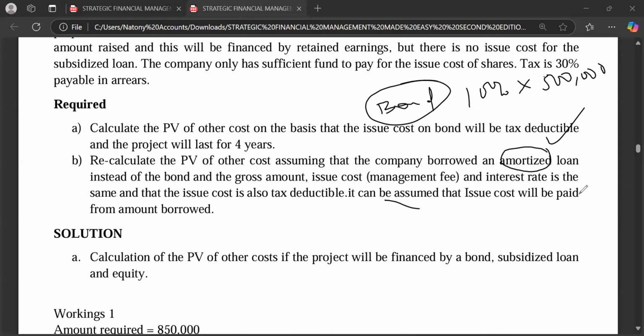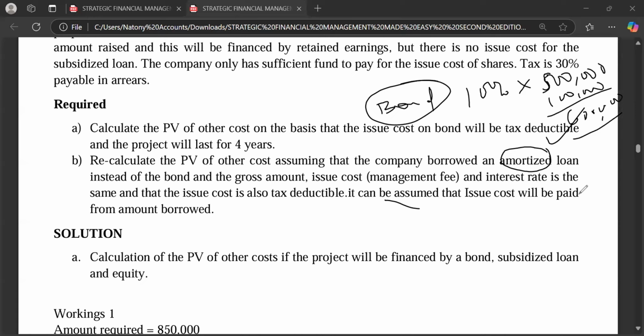So if I borrow 500,000, let's assume that it is 5 years and interest on that 500,000 for the 5 years, let's assume is 100,000. So 600,000. So I'm expected to be paying an equal amount every year so that at the end of the fifth year, this amount becomes zero.